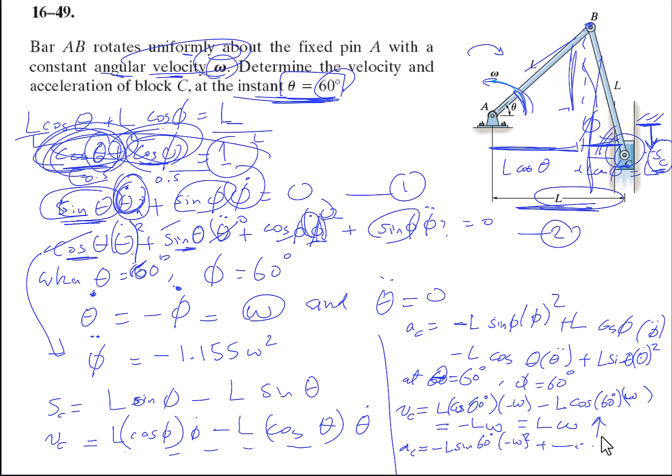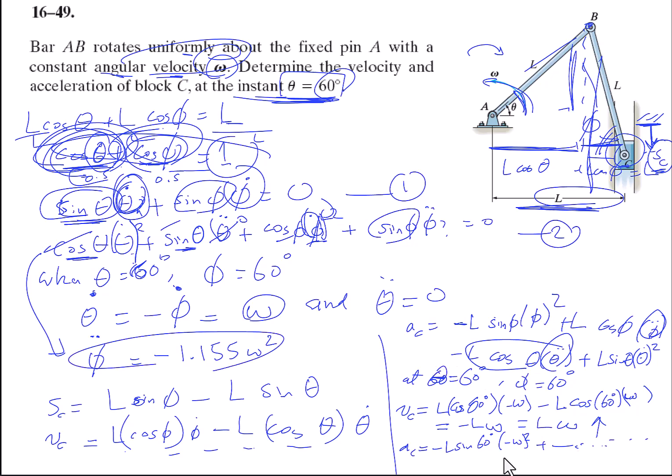The only thing that we have from here, this one is 0, so this third thing is 0, and this one has the phi double dot that we found.